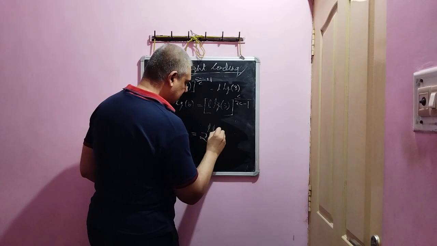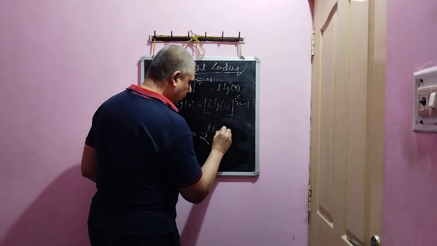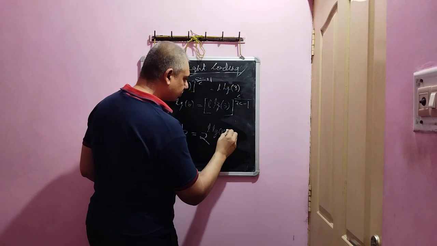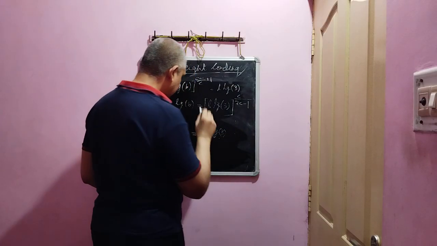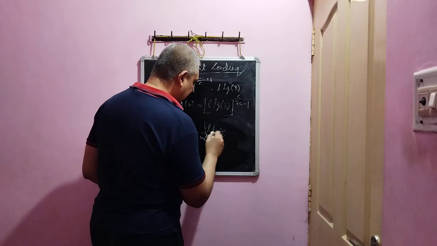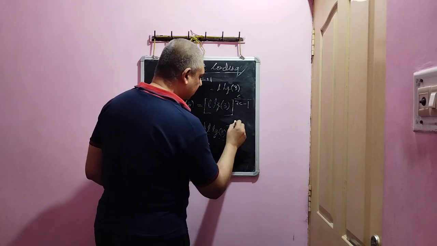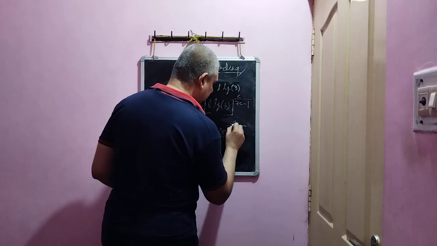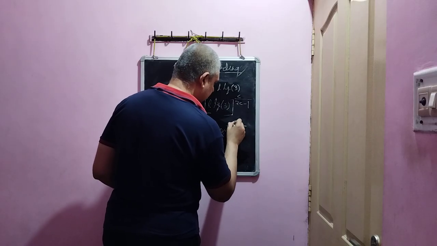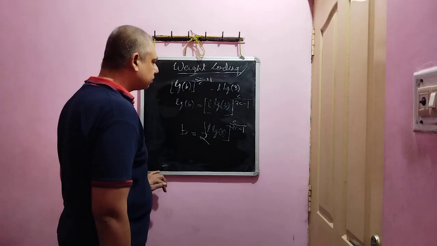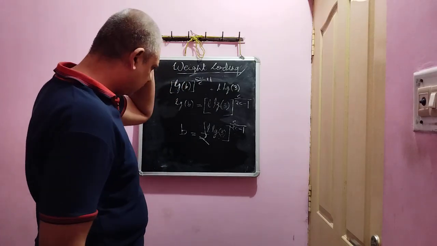which gives you the base b to be assumed to be equal to 2 power L times log 3 whole power C by 2C minus 1. This is one possible value for the base b.